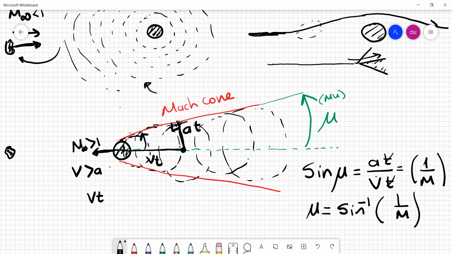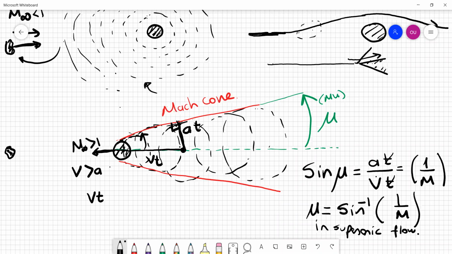Which means that in subsonic flow, we do not have this phenomenon; it exists only in supersonic flow. So this Mach angle, which gives the angle of disturbances, can be calculated if you know your flight Mach number.